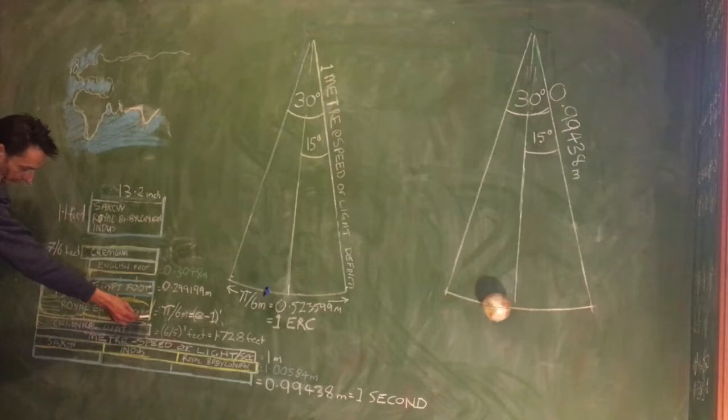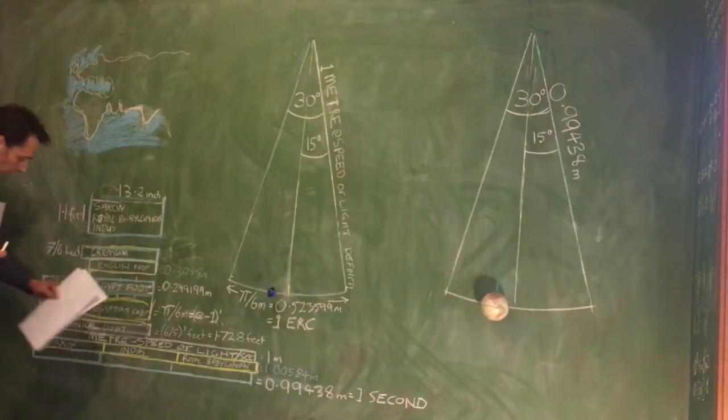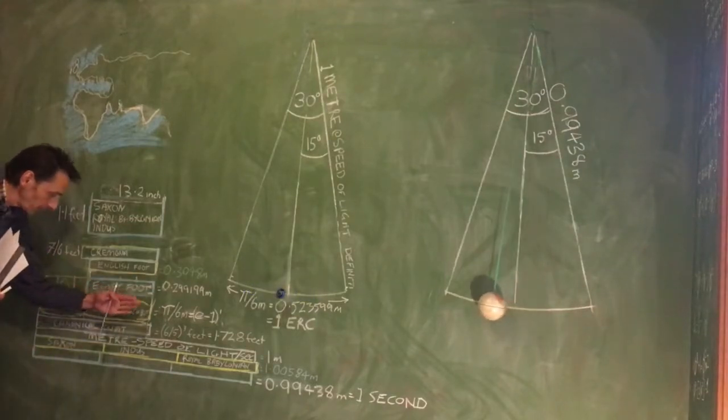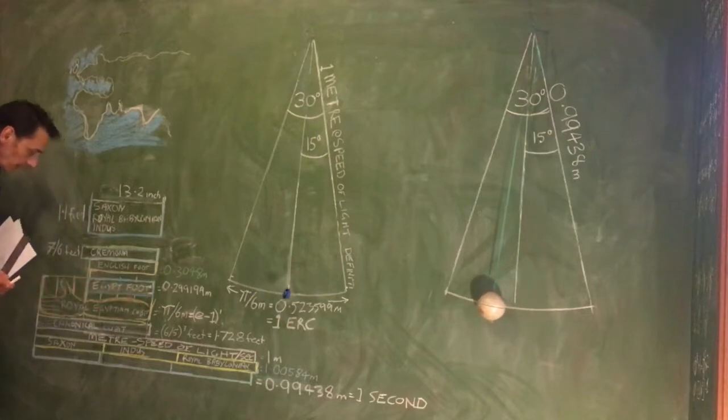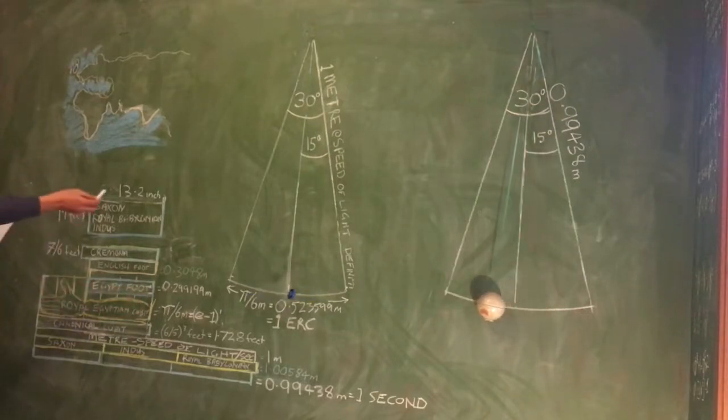So 1 Egyptian royal cubit from the tip of your elbow to the tip of your longest finger, ideally speaking, but the actual measurement is pi over 6 metres.